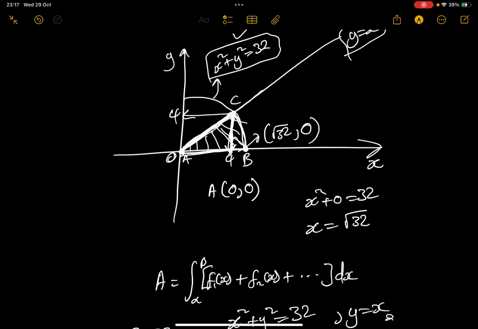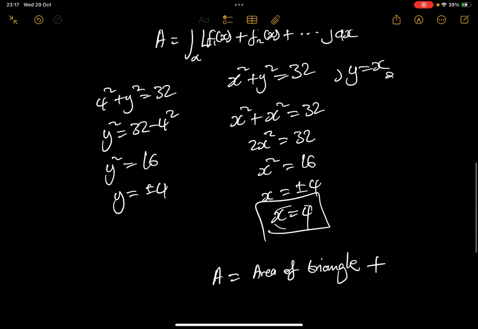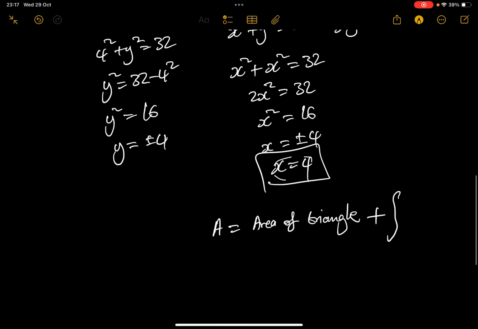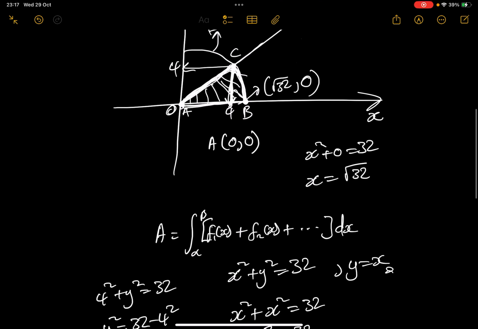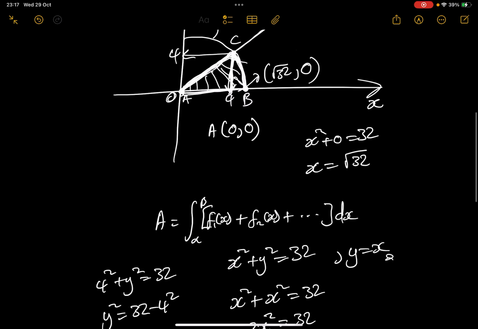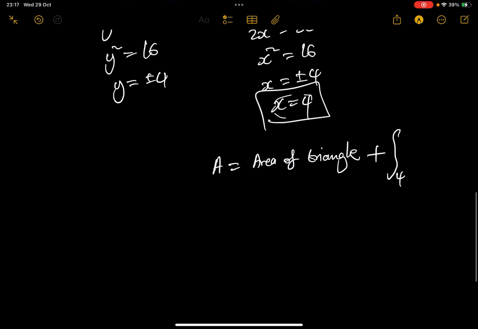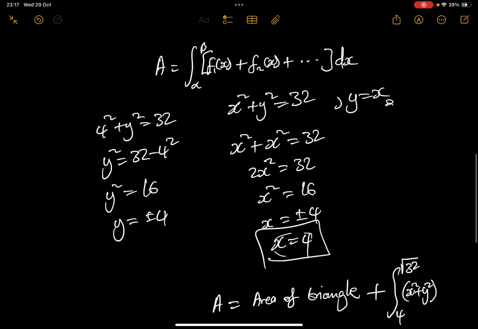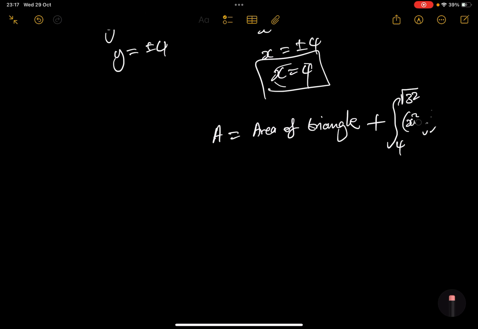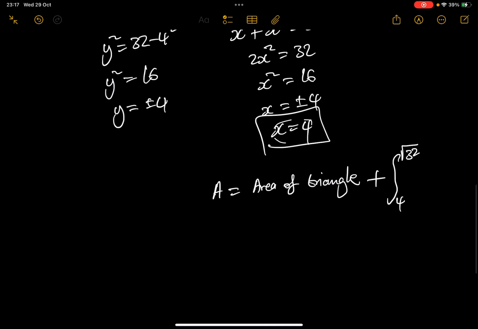And then this portion is plus the integral, since this is a curve, the integral from 4 to root 32 of the equation of the circle. Sorry, I could just go with respect to x, so you make x the subject of the formula.